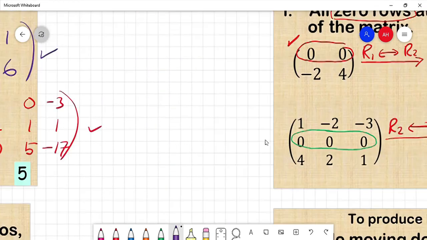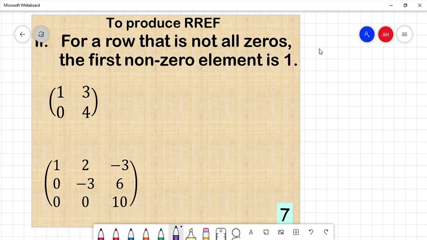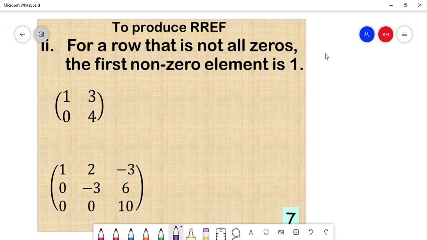Now, the second requirement for RREF is this one. That is, for a row that is not all 0, the first non-zero element must be 1. Maybe we can read this statement twice so that we can understand what it means.